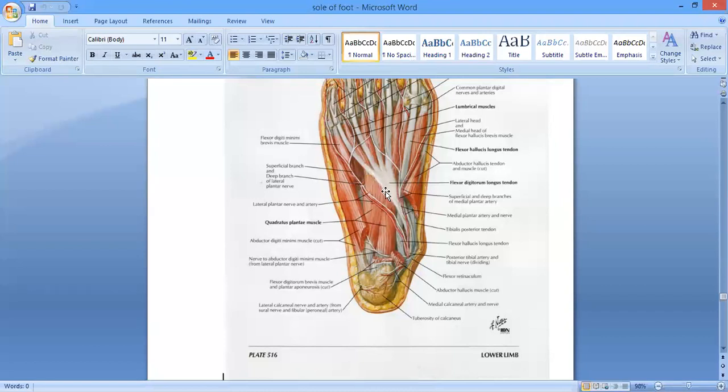So you can see. So there are certain events which are taking place over here. Number one, it is going to cross the tendon of the flexor hallucis longus, from which it is going to receive a tendinous slip, and then it passes forwards, and then on its lateral border, it is going to receive the insertion of the quadratus plantae muscle over here. You can see this one.